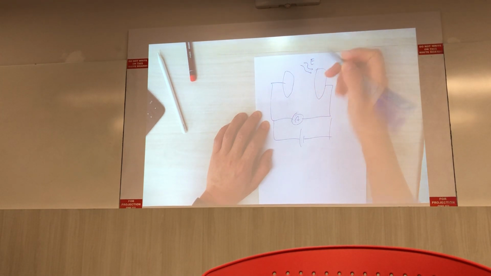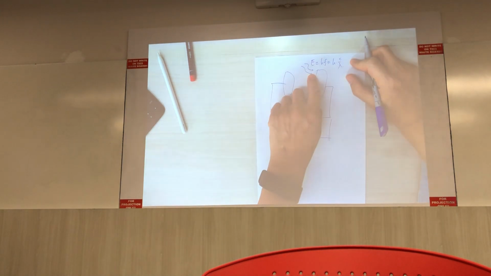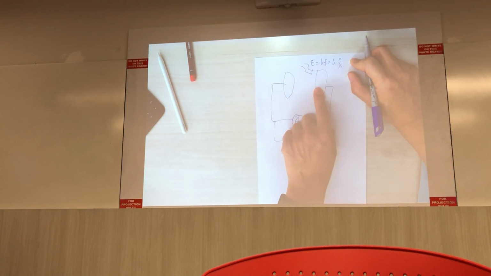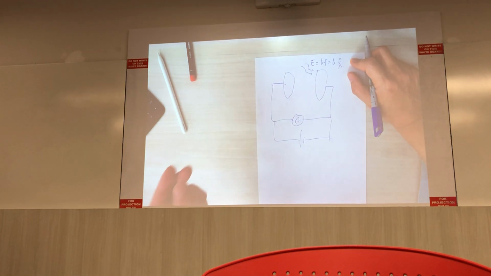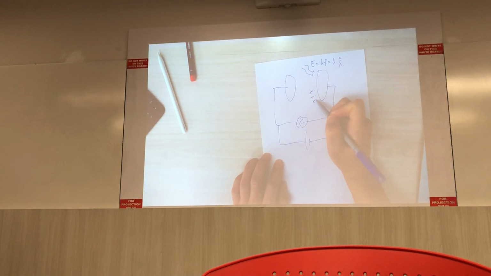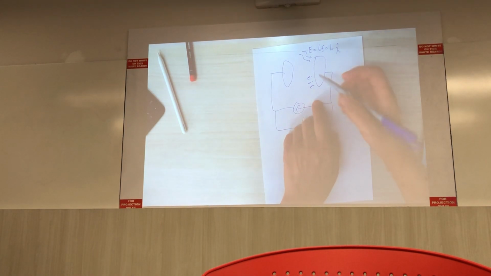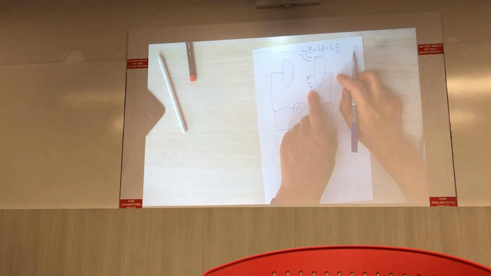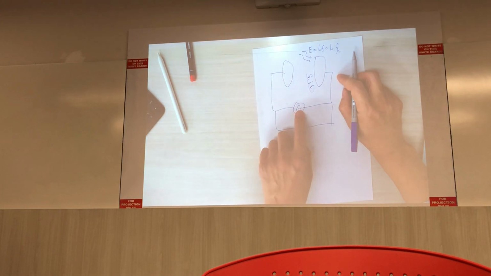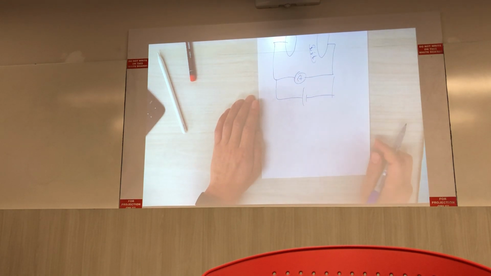If the photon carries the energy hf, or hc over lambda, this energy of the photon is strong enough to kick out the electrons from the metal. So electrons will be ejected from the metal, and those released electrons can travel towards the other metal plate, which can be measured from this ammeter. So then I want to draw a diagram.